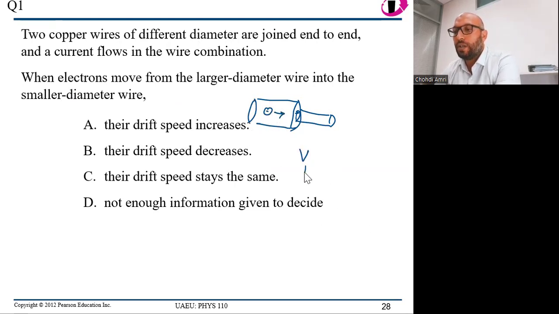As you know, the drift velocity is I over n e A. What happened to the diameter? The diameter is decreasing, so that means the radius is decreasing. That means the area is decreasing. When the area is decreasing, the drift velocity is increasing. Their speed is increasing.